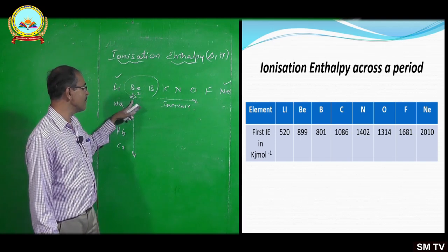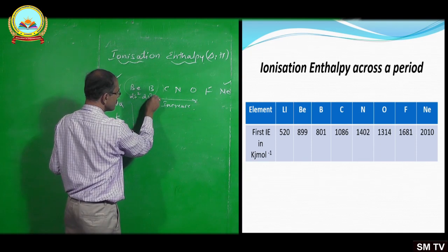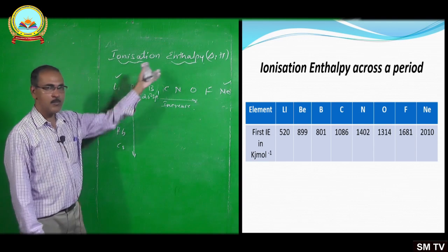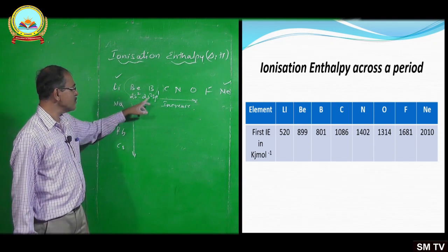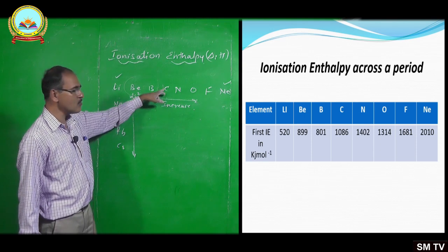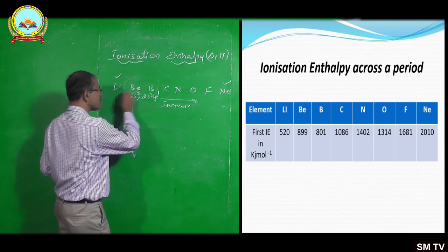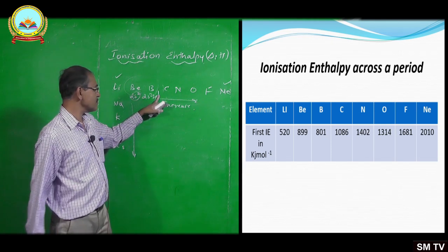That's one reason. And boron configuration is 2s2 2p1, and the inner helium core is there for both. 1s2 2s2 here, and here it is 1s2 2s2 2p1. Here we are removing the s electron. Here you have to remove the p electron.